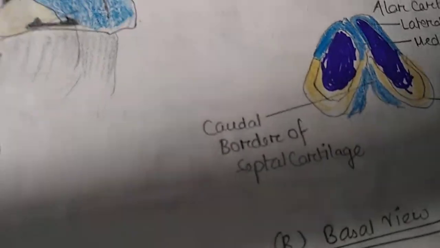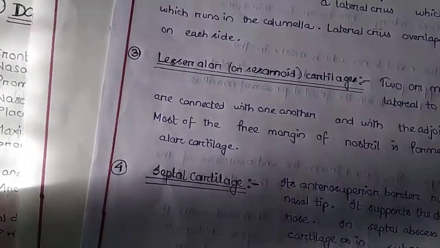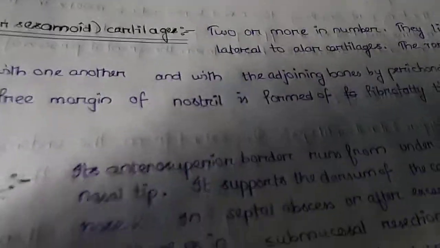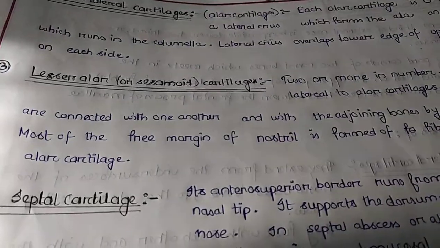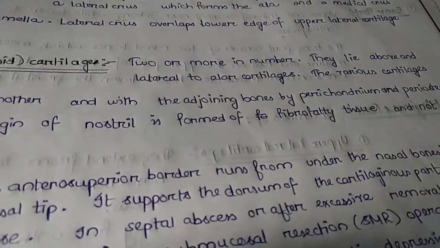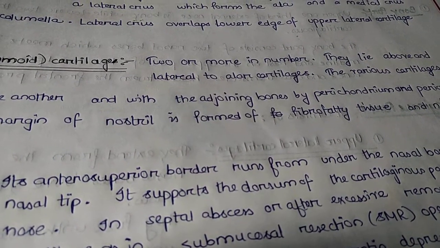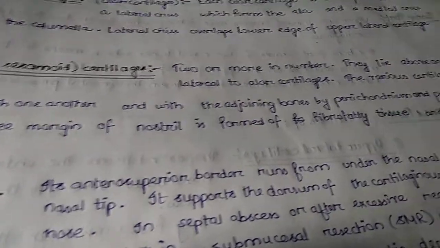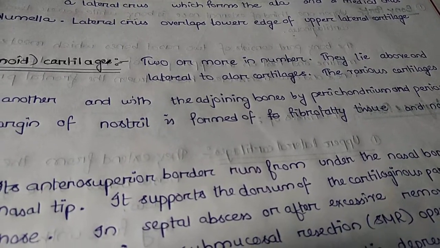Now coming to the lesser alar cartilages, which are also called sesamoid cartilages. There can be 2 or more in number, and they lie above and lateral to the alar cartilages.